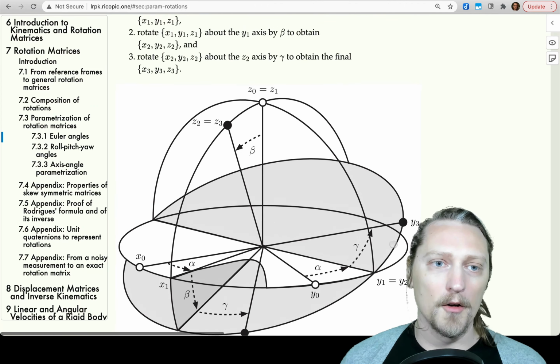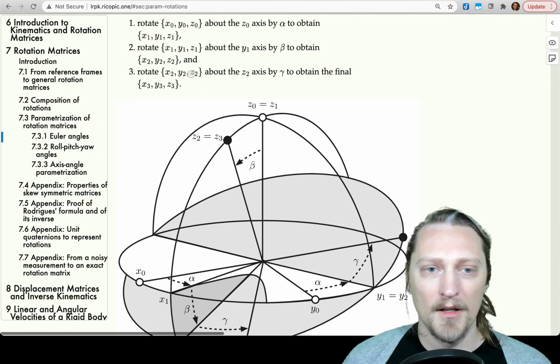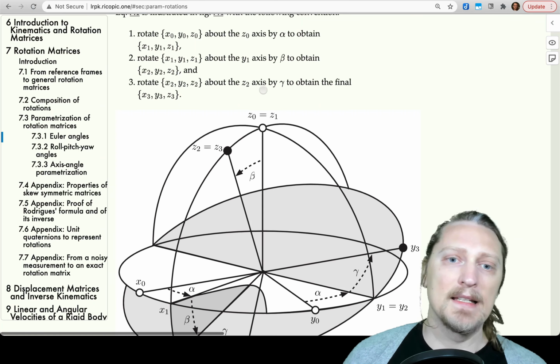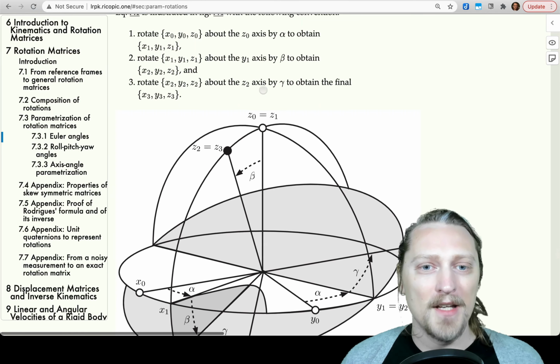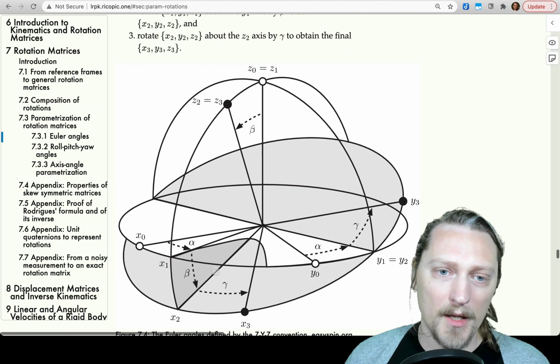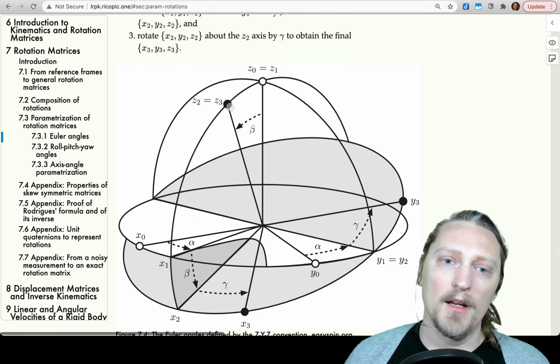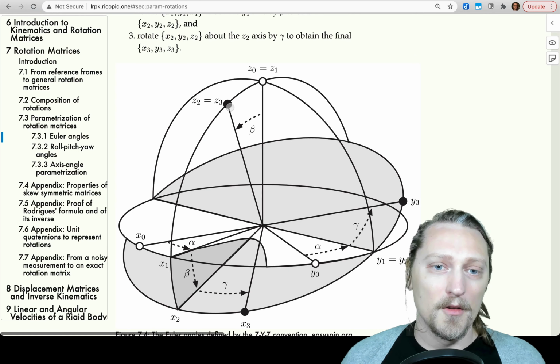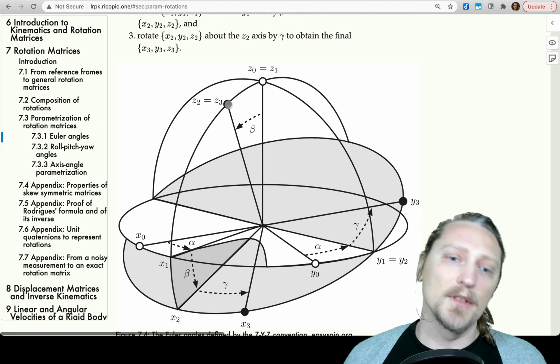Okay, so now we're ready for our third rotation, about z2. Remember, it's z, y, z. So now we're going to rotate about the new z-axis, which is z2. Let's locate it here. It's right here. We're going to rotate about this axis. And so this axis won't change when we go to 3. So z2 is equal to z3.